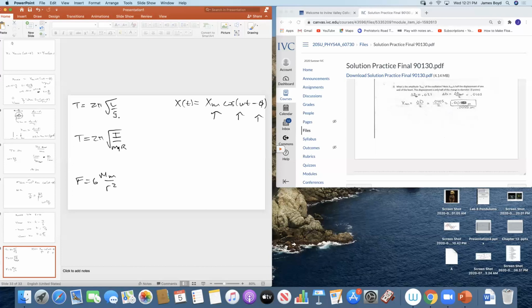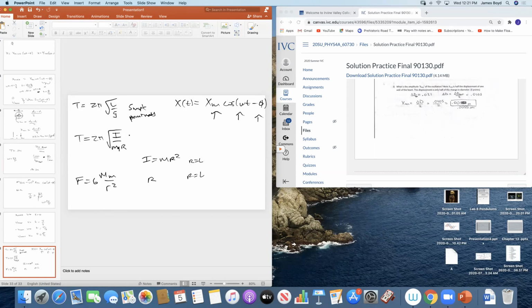So really, this equation is this equation, because for a simple pendulum, I is m r squared for a simple point mass, and R is L. So when you plug that in, you get ml squared over mgl, and you get L over g.